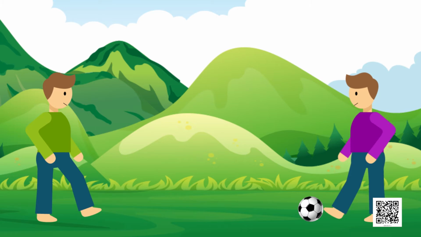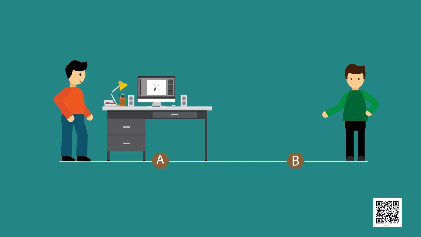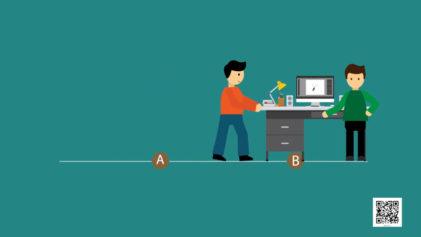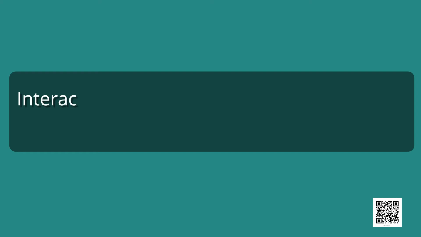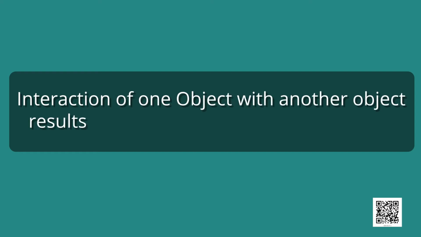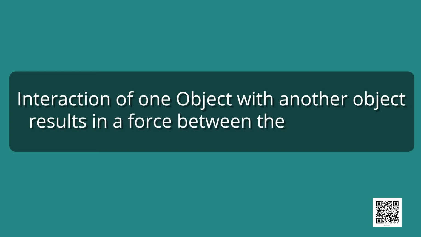Here, interaction occurs between ball and players. In the second example, when you push your table from one point to another, you interact with the table. So, dear students, from these examples, we conclude that an interaction of one object with another object results in a force between the two objects.